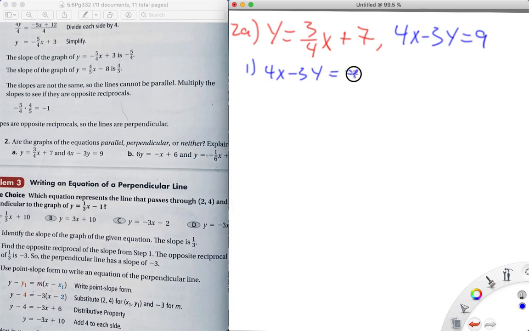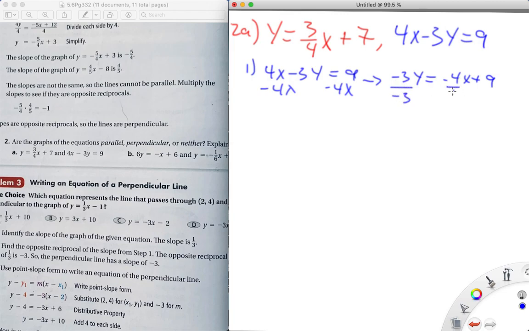I'm going to subtract 4x on both sides. That gives me negative 3y equals negative 4x plus 9. Then I'm going to divide both sides by negative 3.